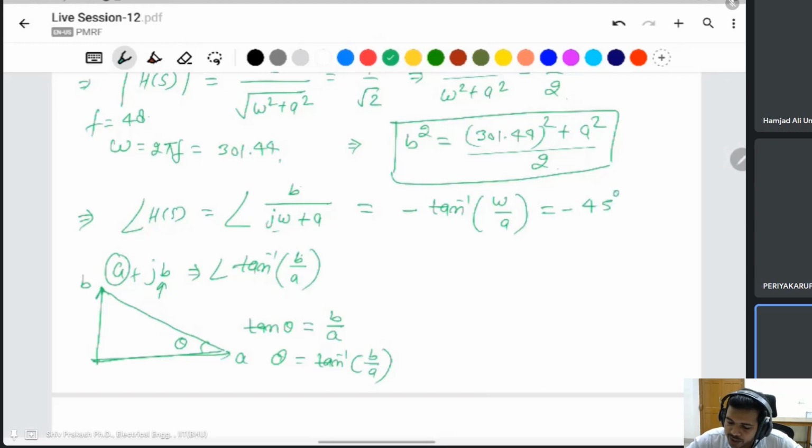This is phase shifting, that's why it will shift as negative of 45 degree. This will be cancelled out. Same thing, omega by A is equal to tan of 45 degree. Tan 45 degree is 1. Then omega is equal to A. It means A value is omega. Omega is 301.44. We already calculated the omega value.